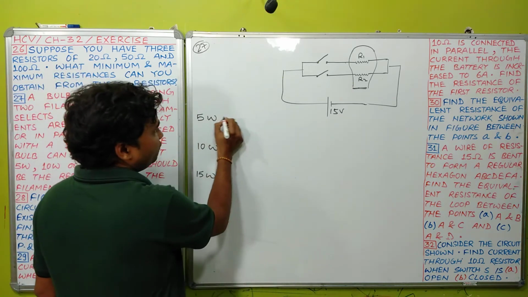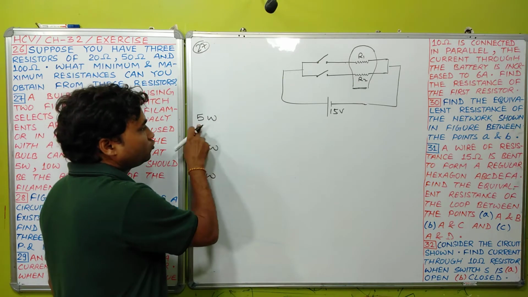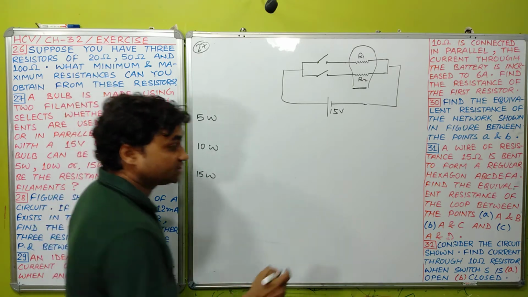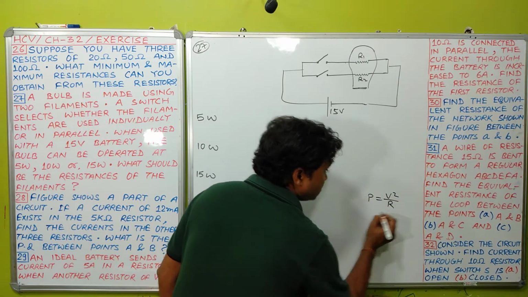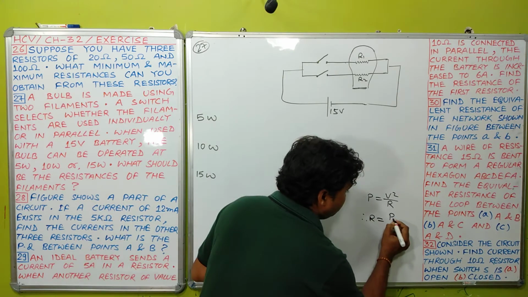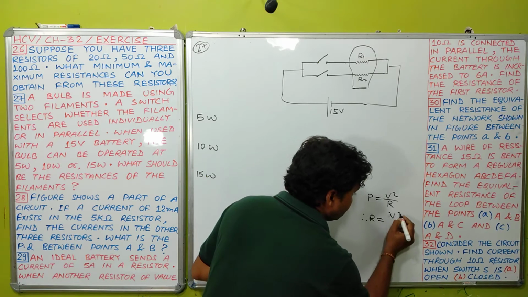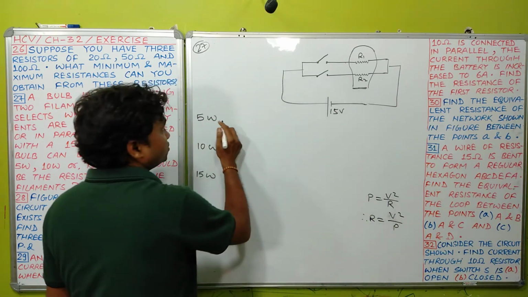Now for 5 watt, student, from this rated power we can find out the value of resistance according to this formula. We know P equals V square by R. Okay, from here we can write R equals V square by P. Now V is the potential difference across the bulb.